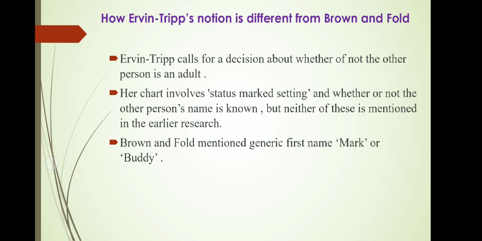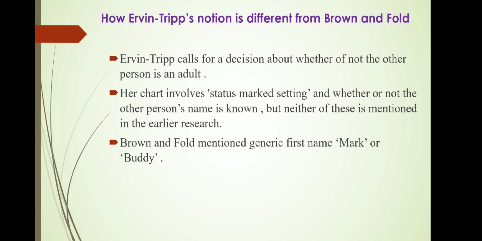Now let's see how Ervin-Tripp's notion is different from that of Brown and Ford. She calls for a decision about whether or not the other person is an adult. So her model calls for addressing any child by his or her name if you know it, and if you don't know the name, you don't use any name. And of course, Brown and Ford have data on children, but they have almost nothing to say about it. So there is no support or contradiction concerning this point.